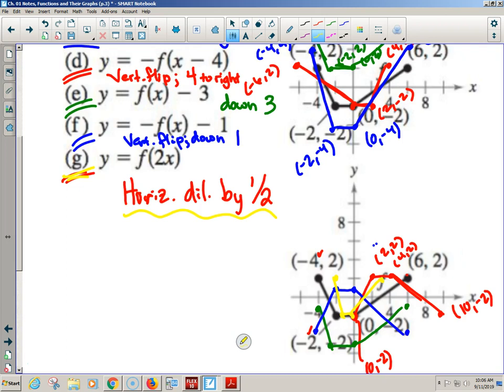So if you were to say horizontal shrink by 1/2, technically, you're stretching it. Does that make sense? So I just say horizontal dilation by, and fill in whatever the proper number is that I'm multiplying the x by. That way I'm safer. I can say horizontal dilation by 1/2, aka it's a shrink. I wouldn't write aka, but it is a shrink. You're right. Just be careful of what you put after you use the word shrink.